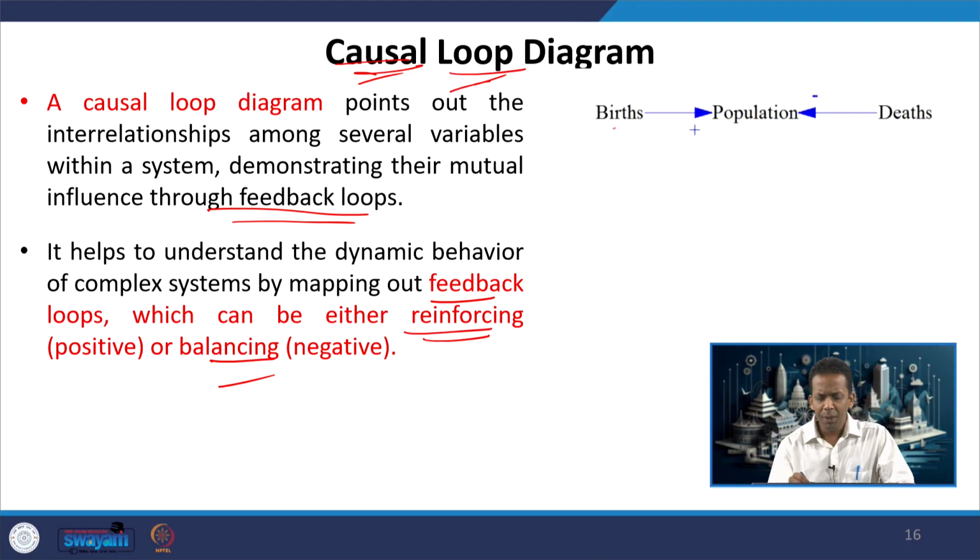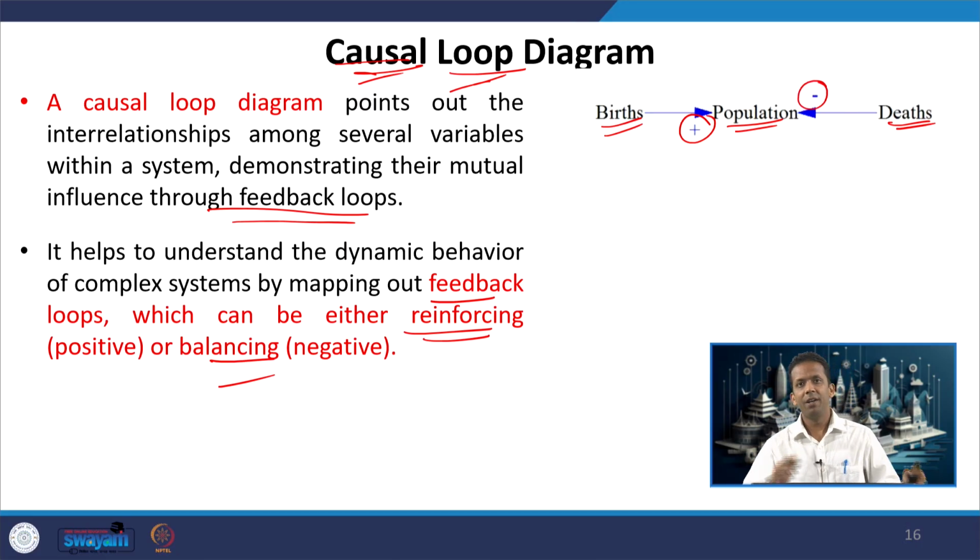So, let us say if there are more birds, what will happen to population? It will increase. If there are deaths, what will happen to population? It will decrease. But in the real world, birds, the population, deaths, they are in coexistence. These things happen at the same time or at some other time, but in the same habitat.